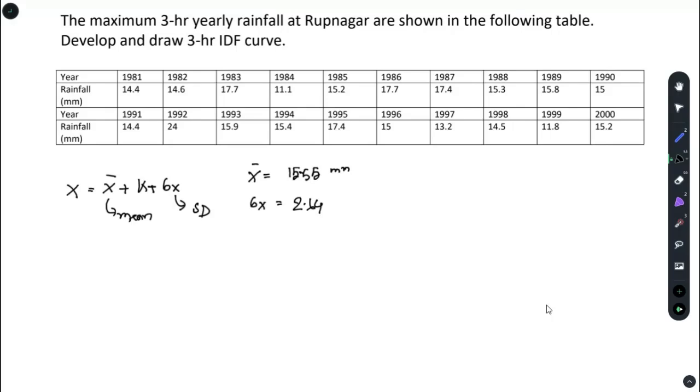So you need the value of KT, which is the frequency factor that depends on the return period. Let's write the return period in years and the KT value next to it.